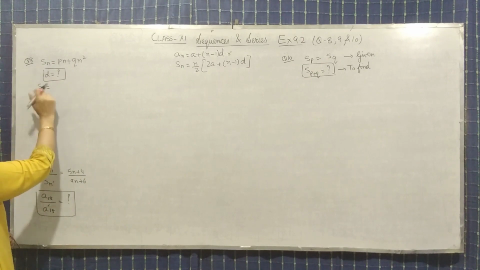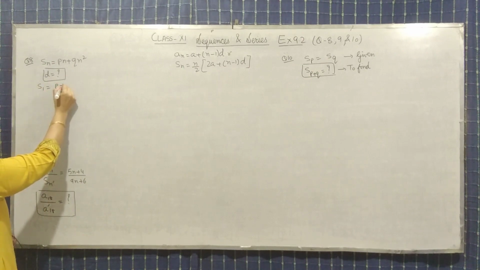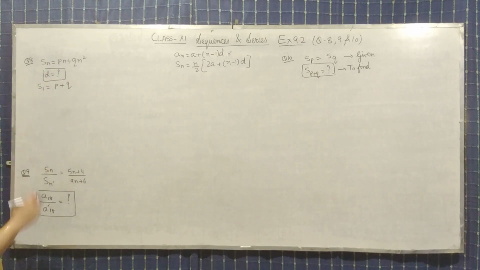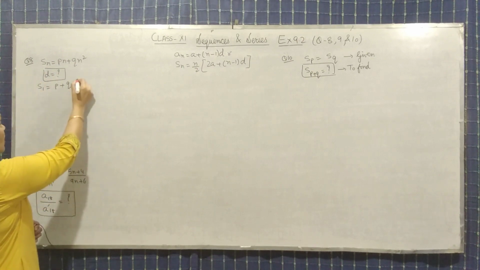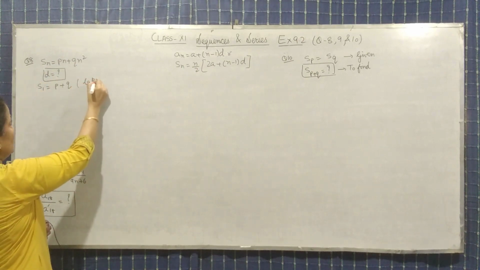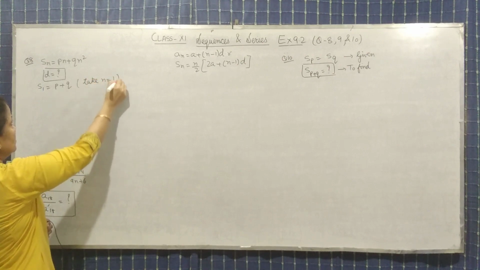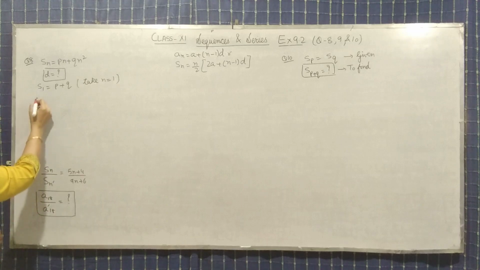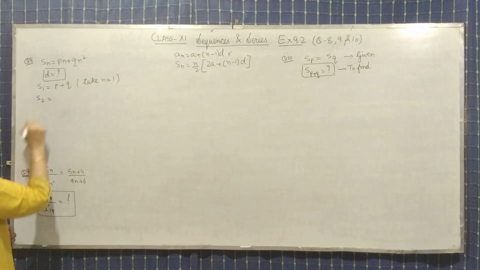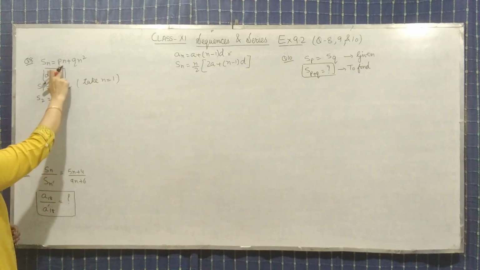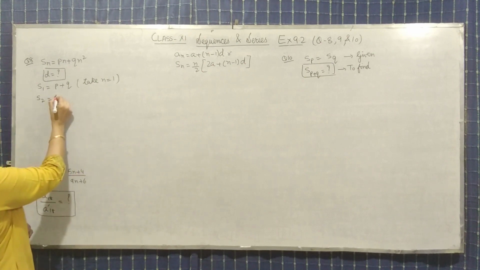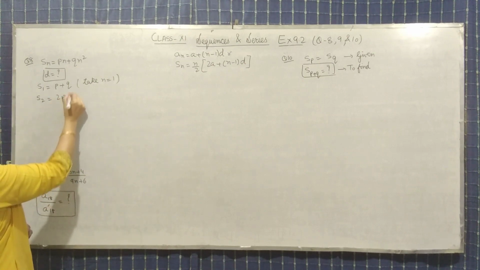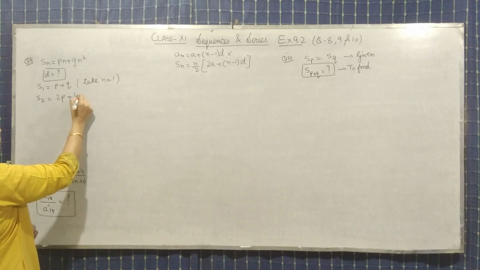By taking n as 1, it will come as p plus q, isn't it? Instead of n, we will take n as 1. So we will get the sum of the first term. What about the sum of the first two terms? Instead of n, you will put 2. So it will come as 2p plus 4q.